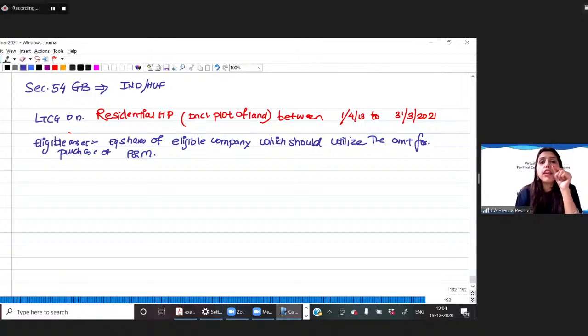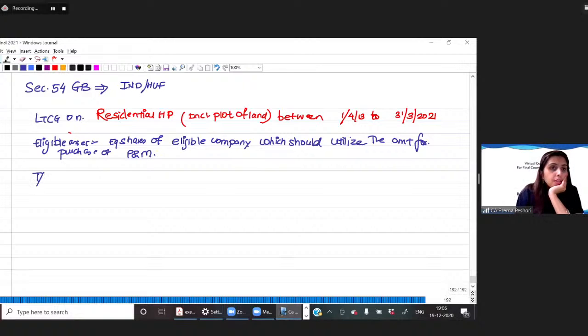So if you sell off the residential house property and you invest that amount in equity shares of an eligible company, which then utilizes that amount received from subscription of equity shares for purchase of plant and machinery, you will get exemption under 54GB.